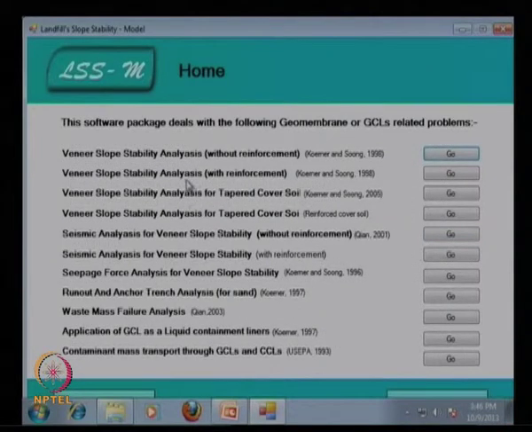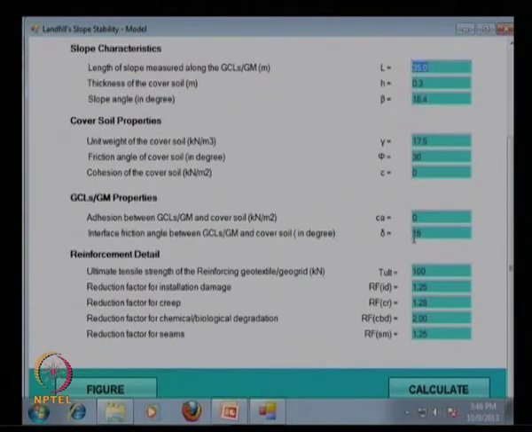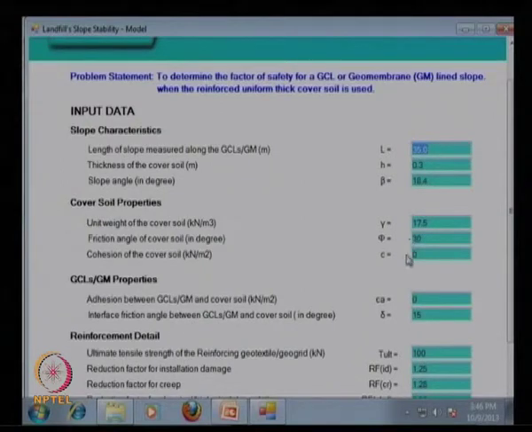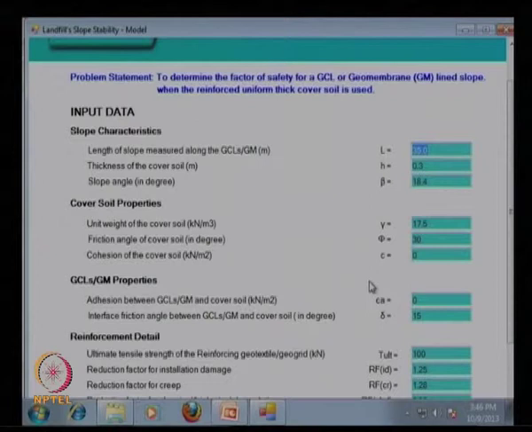So, next, slope stability analysis with reinforcement. The problem statement is to determine the factor of safety of a GCL or geomembrane liner slope when the reinforcement is under uniform cover soil. So, this is the slope characteristic: the length of the slope is given as 35 meter, the thickness of the cover soil 0.3 meter, and slope angle beta 38.4.